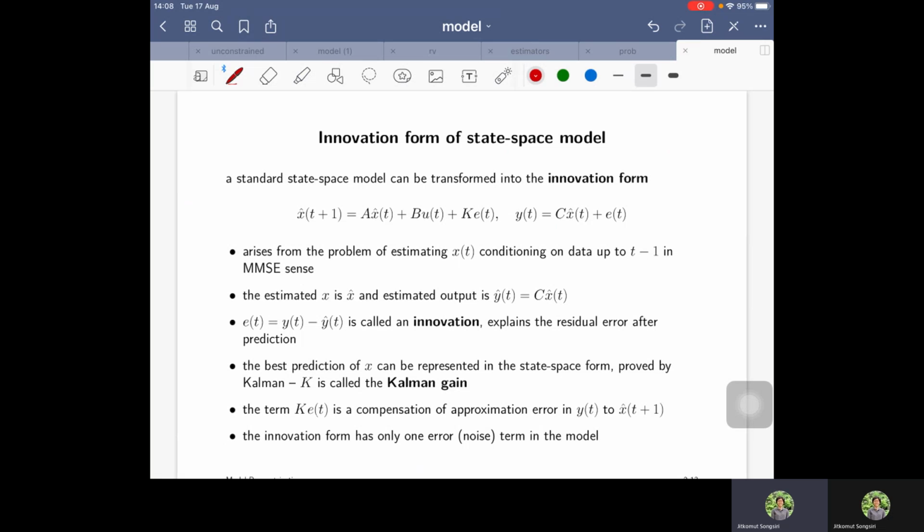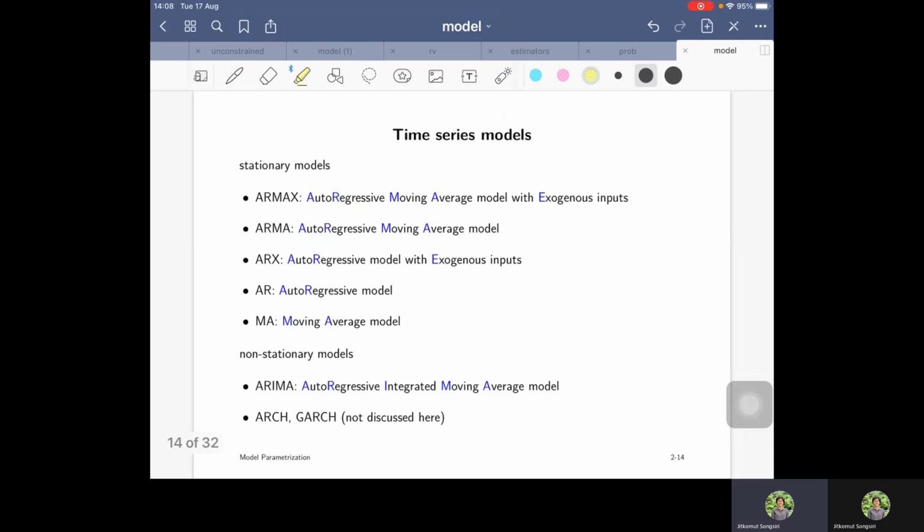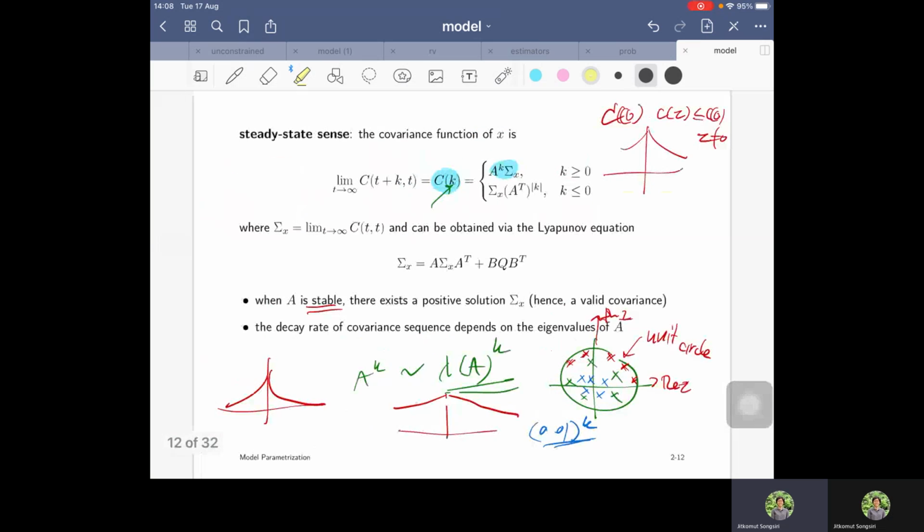Now, in the sense of system identification, you're going to look at A, B, K, C as free parameters that you're going to estimate. And if you use this form, there's only one error term, e_t, in the equation. Okay, I think that's all for the state space model.